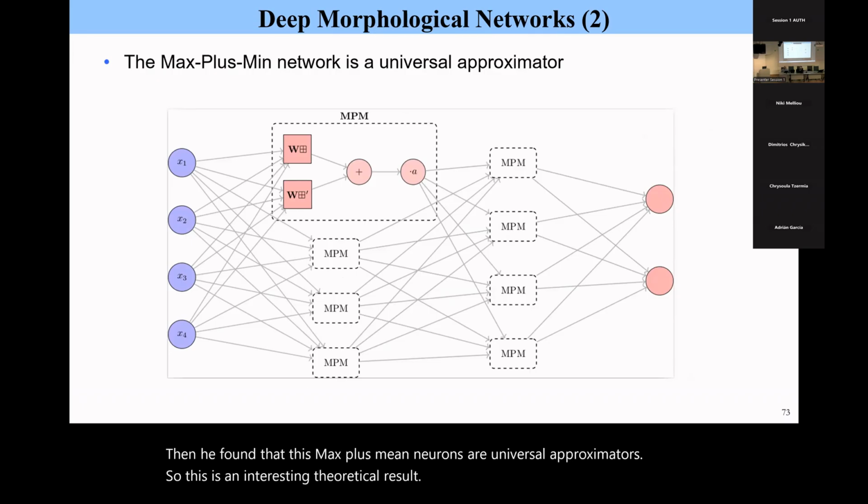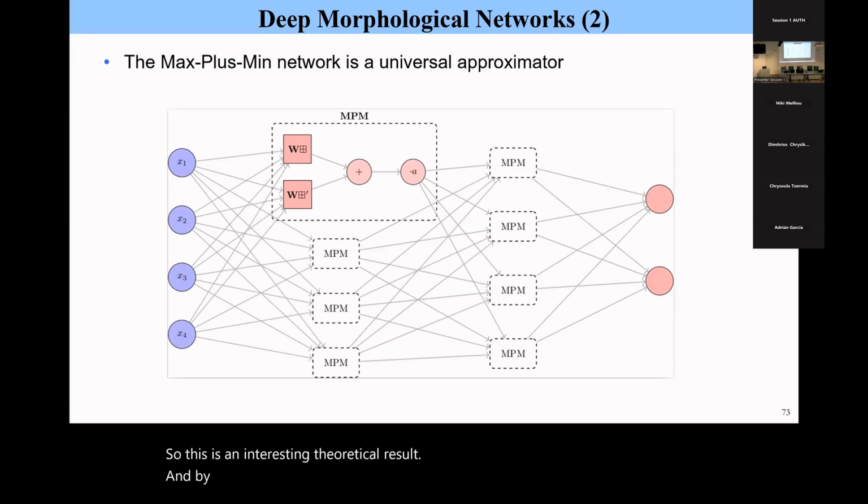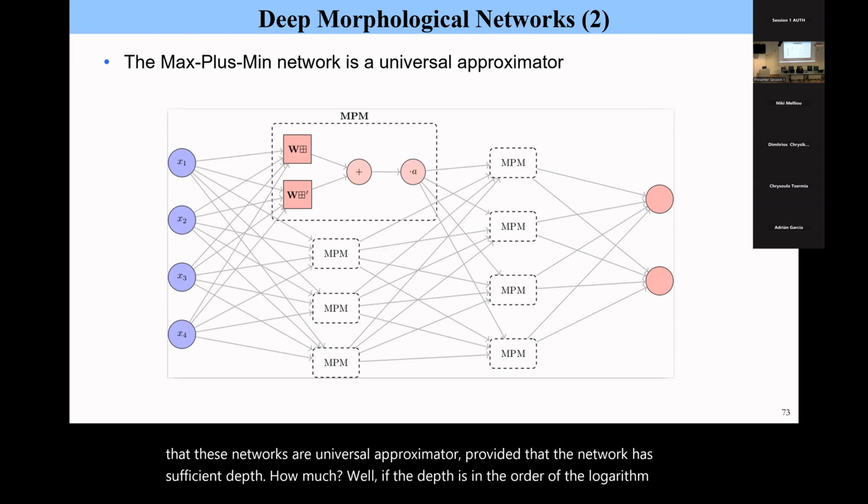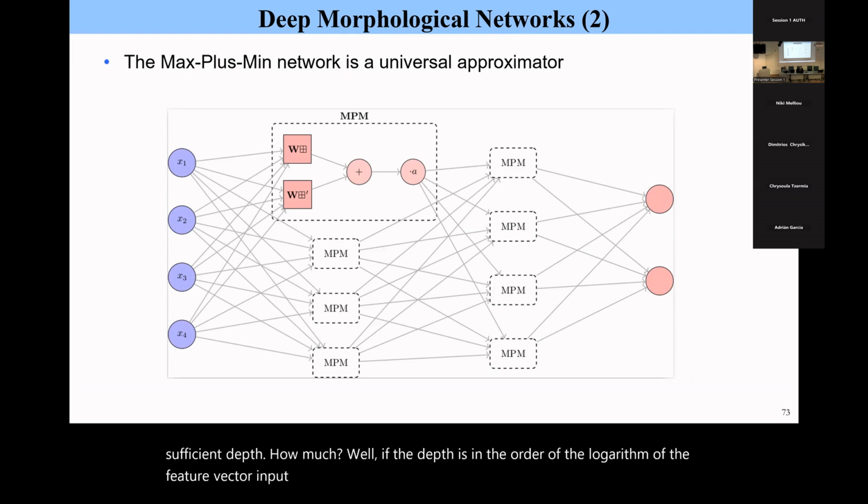And by using this new module, we can form multi-layer neural nets. And one can prove that these networks are universal approximators, provided that the network has sufficient depth. How much? Well, if the depth is in the order of the logarithm of the feature vector input dimension, then they become universal approximators.